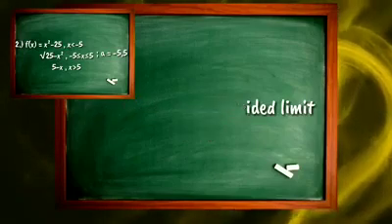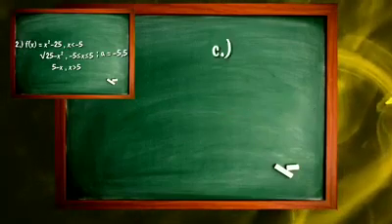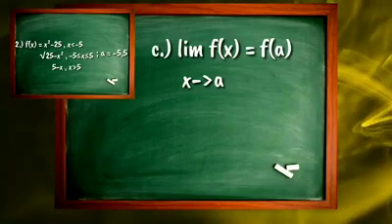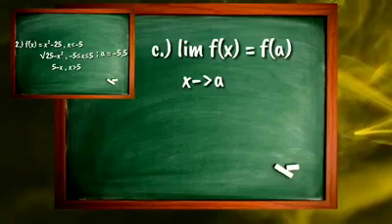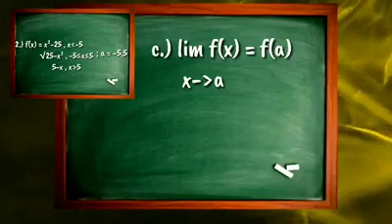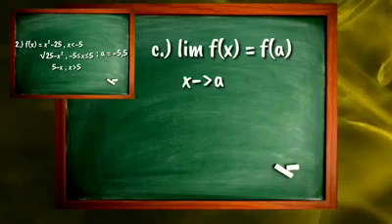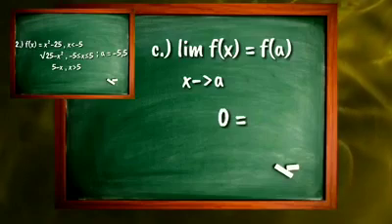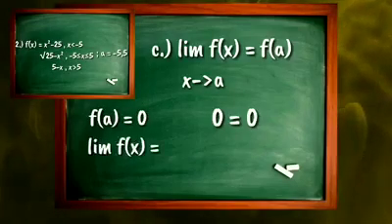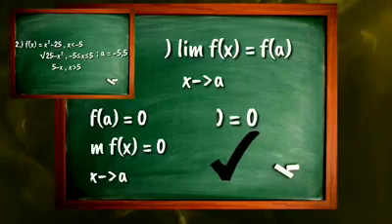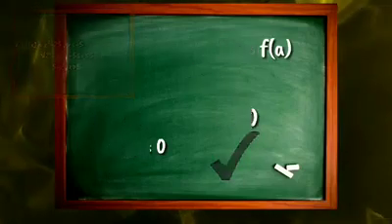Letter C, or the last condition. Is the limit of f of x as x approaches a equal to the value of f of a? The value of f of a is 0, and the limit of f of x as x approaches a is 0 also, which means that the limit of f of x as x approaches a is equal to the value of f of a.